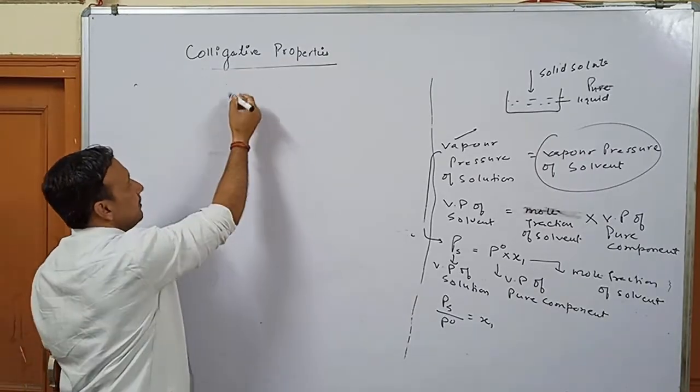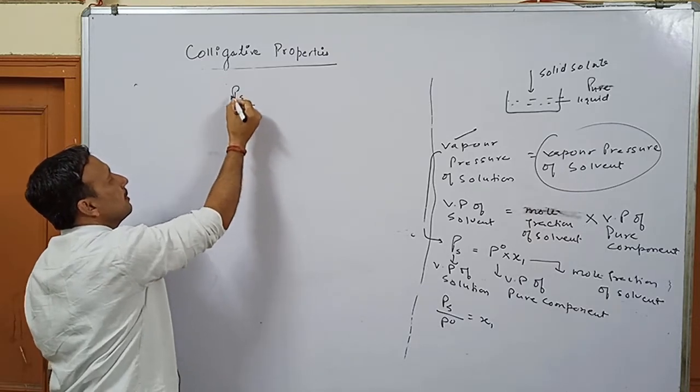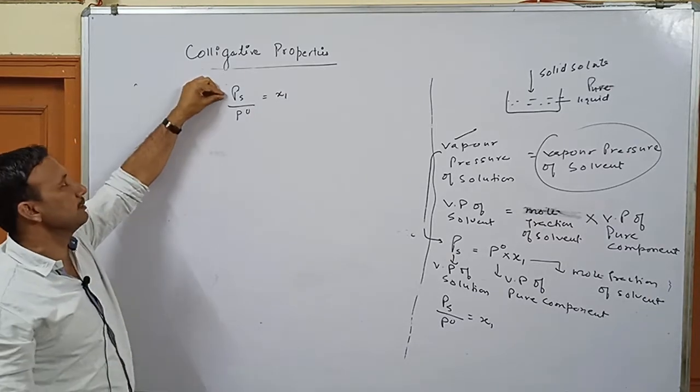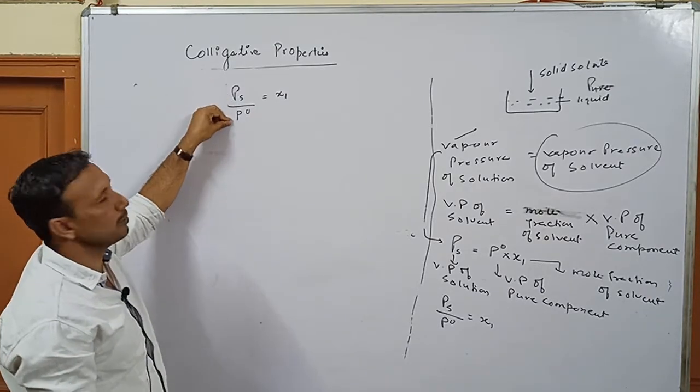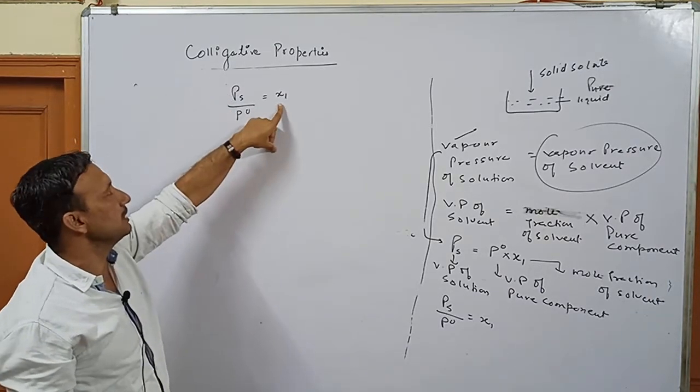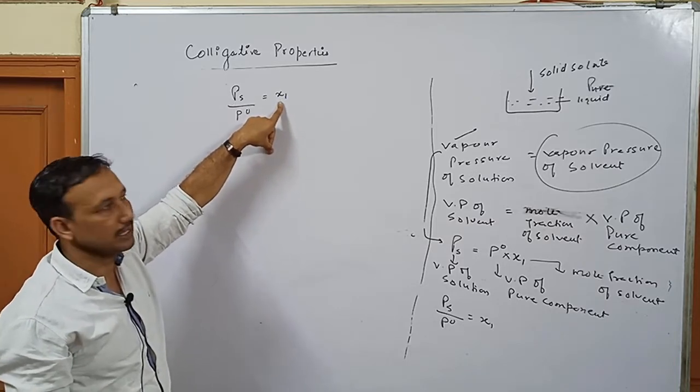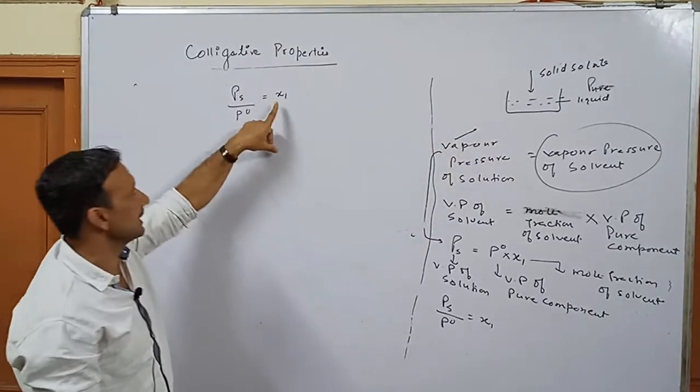Then Ps over P0 is equal to X1. Ps is the vapor pressure of solution and P0 is the vapor pressure of solvent, and it is equal to the mole fraction of solvent in this solution. And what is X1?